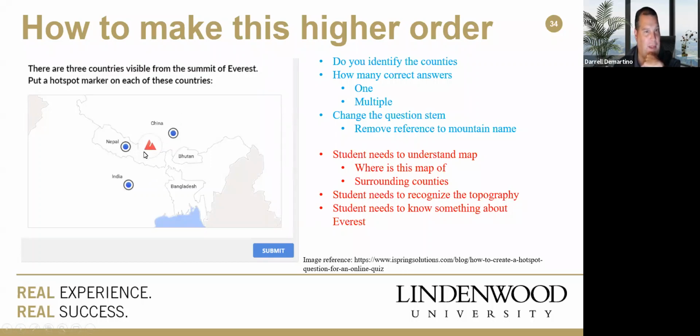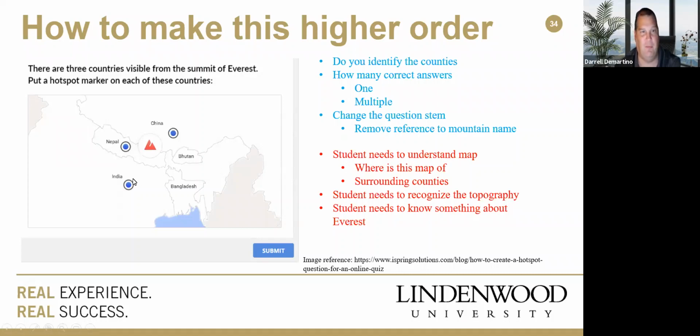Here I've already told them that this is Mount Everest, but I could use this diagram and said 3 countries are visible from this summit. And then they would have to actually know that this is Mount Everest as the summit, because that's where Mount Everest is. What is the student expected to know to get this question right?